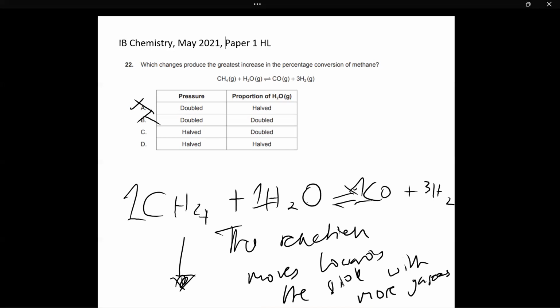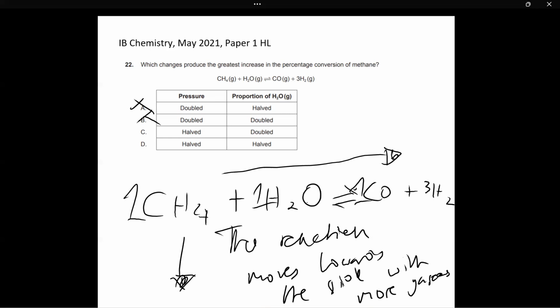So when you halve the pressure, the reaction is going to move towards the side with more gaseous molecules. And in this case, the side with more gaseous molecules is our products. So now we have to choose between C and D.